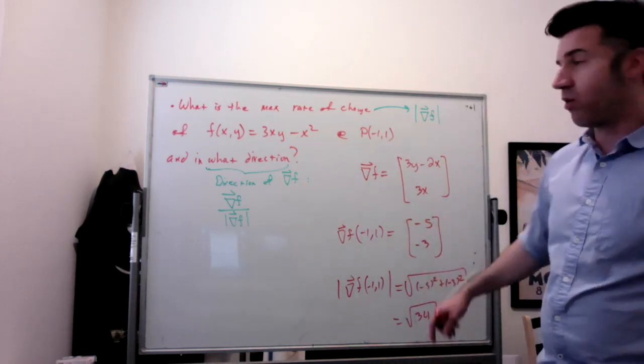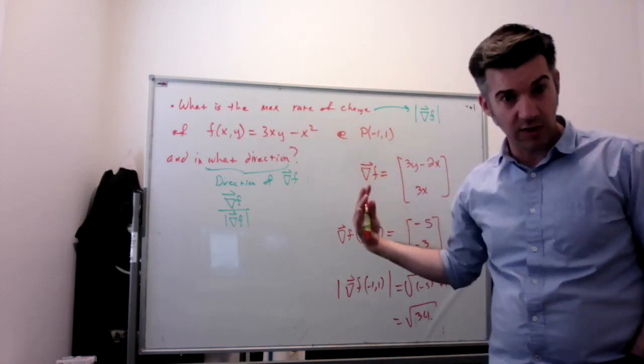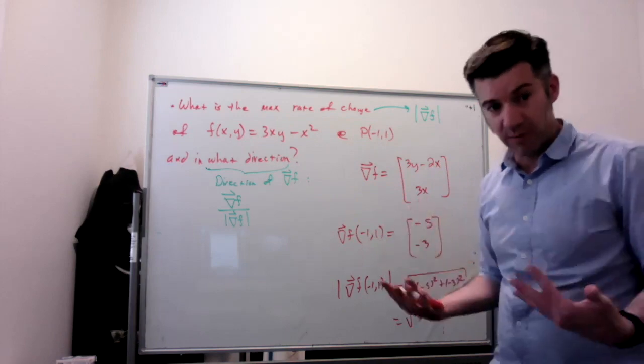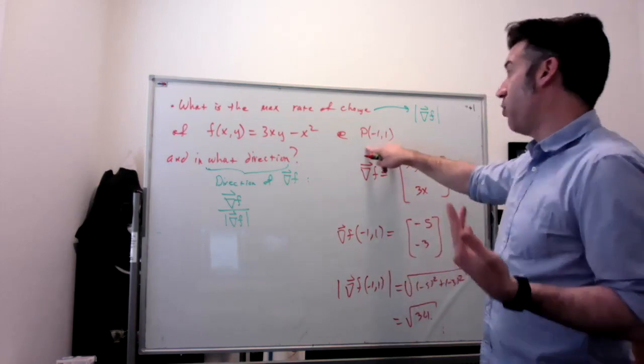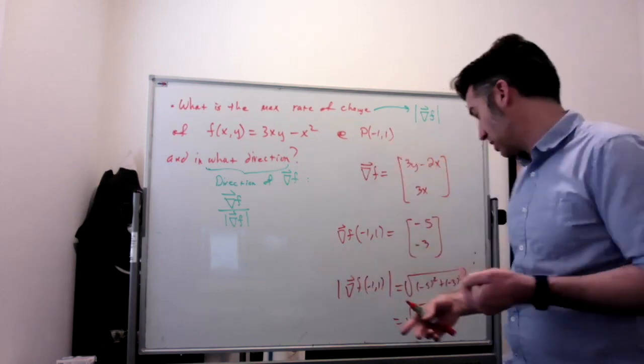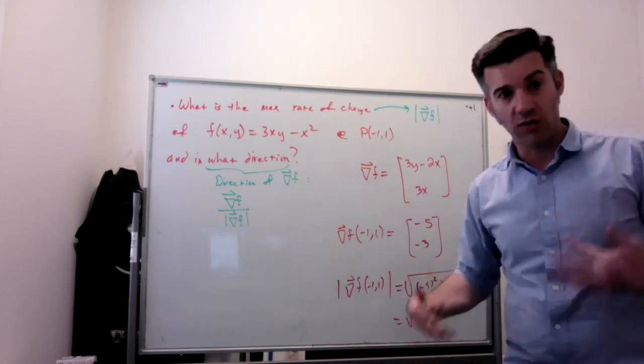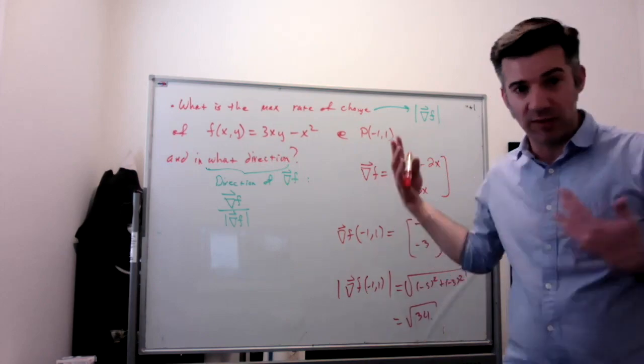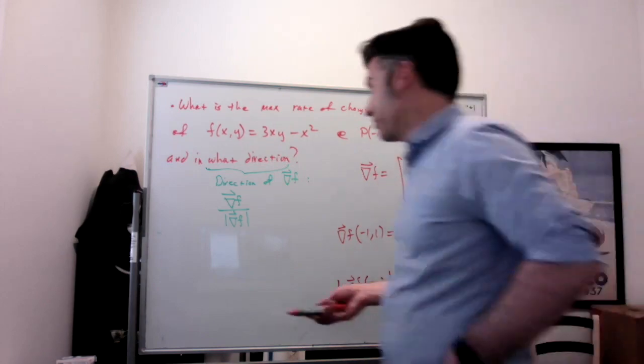The square root of 34 output units versus input units. So, right. If we were talking about, like his example, hertz per millimeter, if you're at that point, the maximum rate of change is square root of 34 hertz per 1 millimeter. Not that there's any reason for that. It's numbers. It's just what I remember from class there.